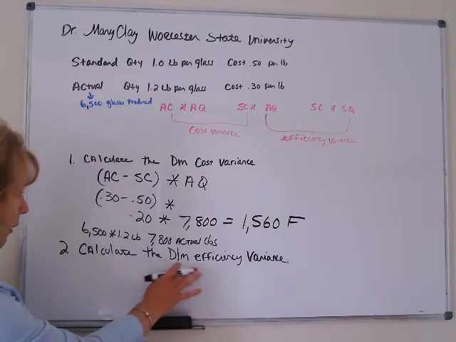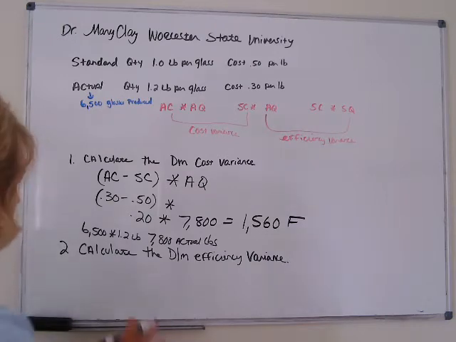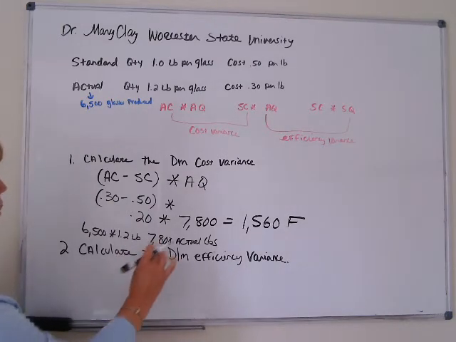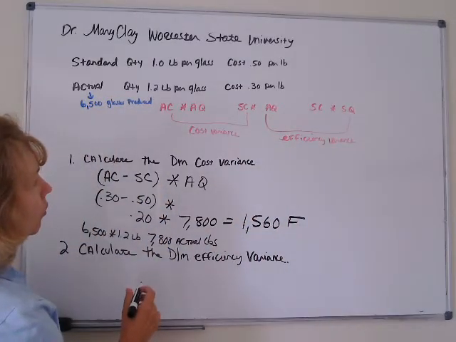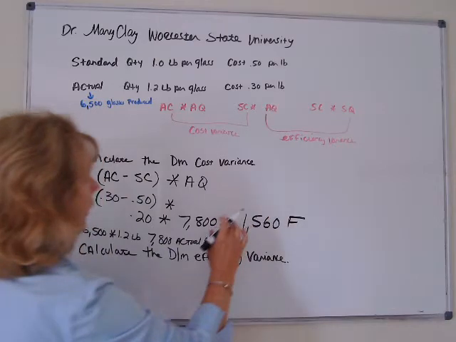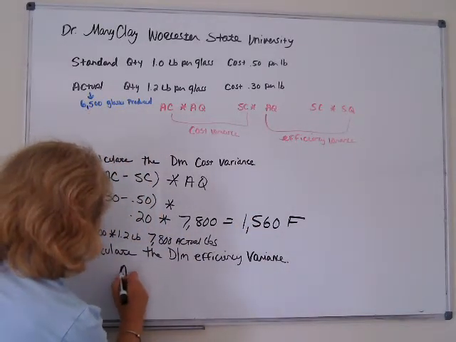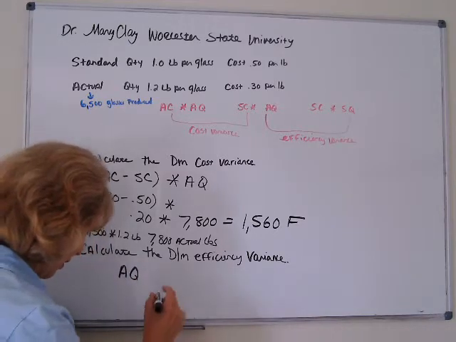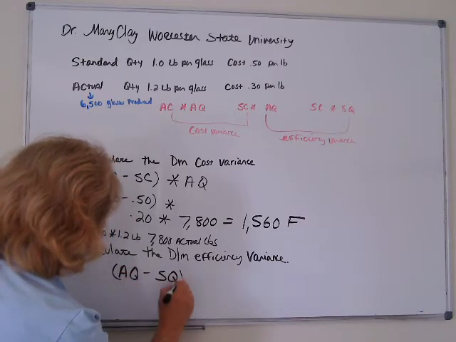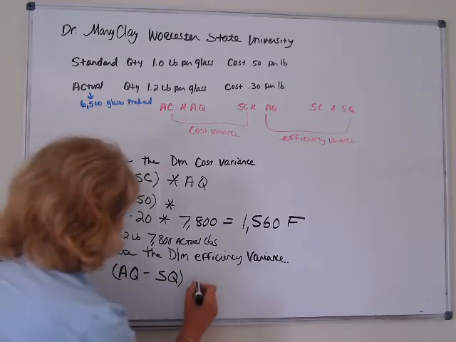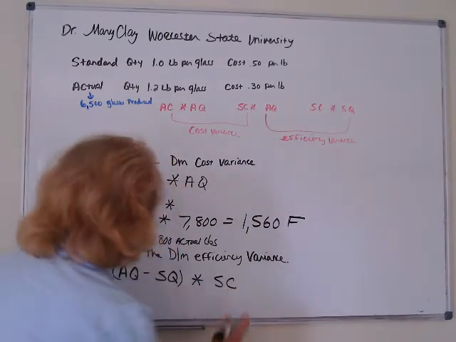Next, we're going to calculate the direct materials efficiency variance. Now, we're going to go over here, and this is the equation. What am I comparing? I'm comparing actual quantity to standard quantity. So actual quantity minus standard quantity, and then I'm going to multiply that by the standard cost. Now I just input my numbers.